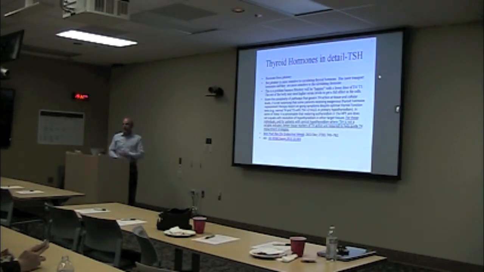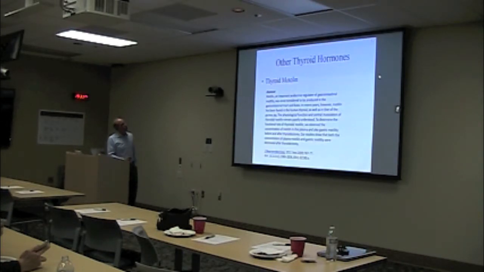Okay, other thyroid hormones. This is an interesting thing. I had never heard of motilin until about 2 years ago at a conference I was at. Well, what is motilin? Motilin is a general term for hormones that cause motility in the intestinal tract, okay? And thyroid makes thyroid motilin. Well, that's interesting.